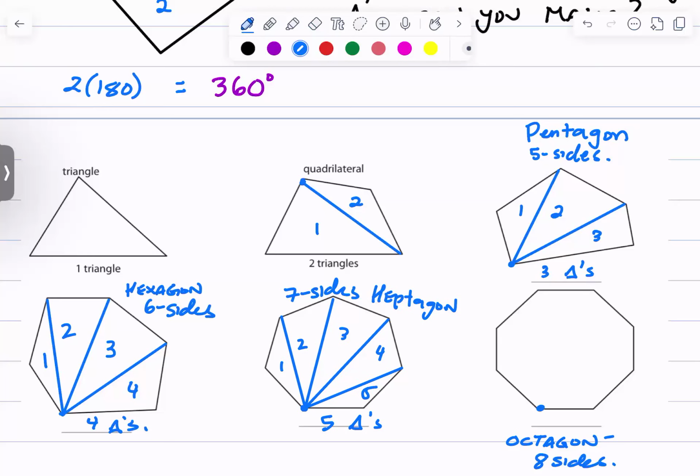And if you start off with a point, right? There's 1, 2, 3, 4, 5, 6 triangles. Okay.